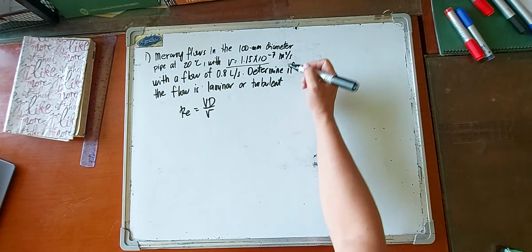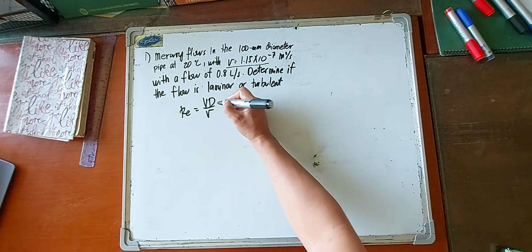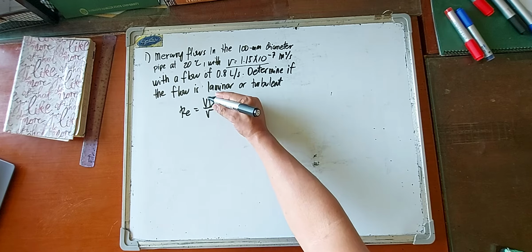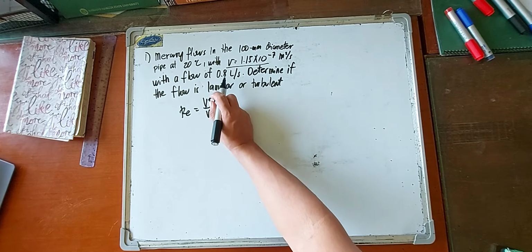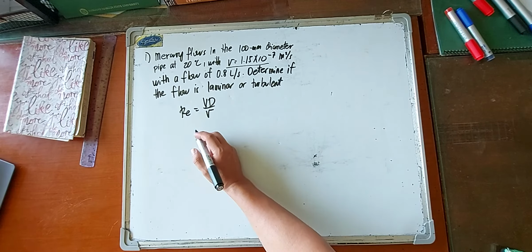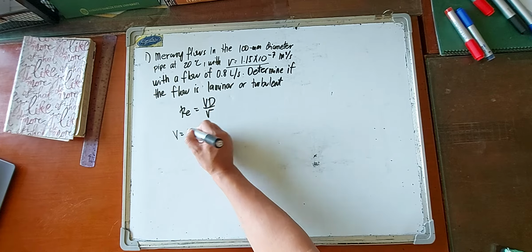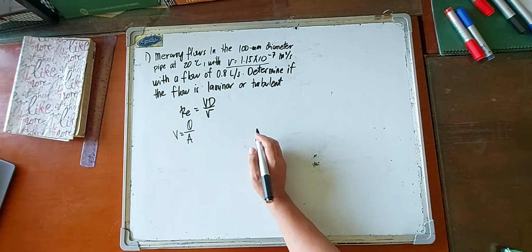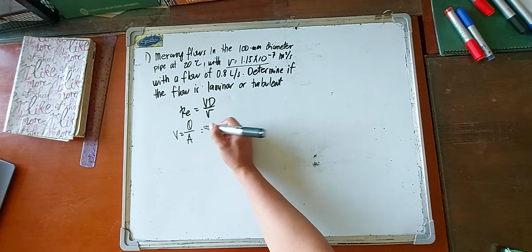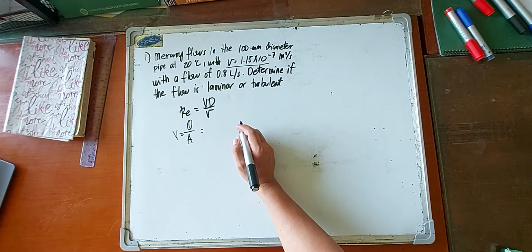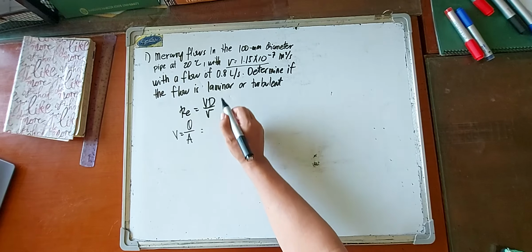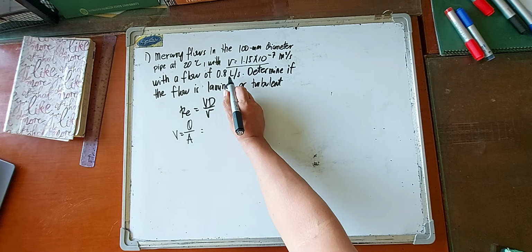Okay, so first we need to know the velocity. Since the Reynolds number is in terms of velocity, we need to solve the velocity given the discharge. So we know that velocity is equal to Q divided by the cross-sectional area. We have 0.8 liters per second.